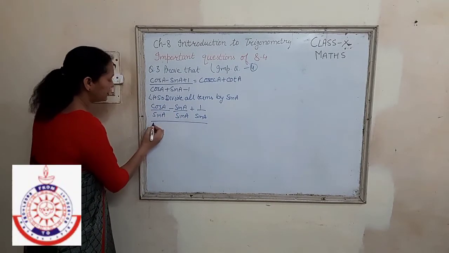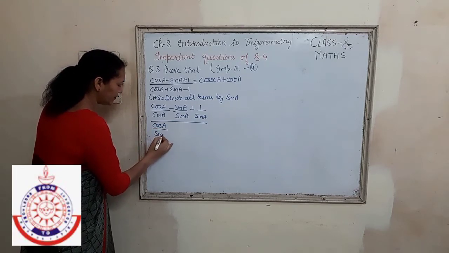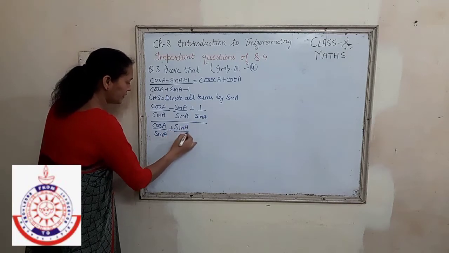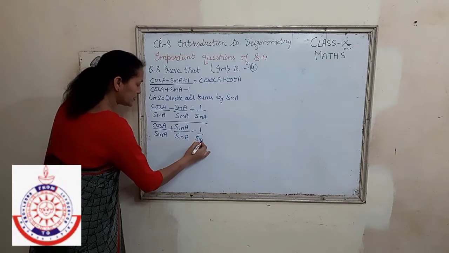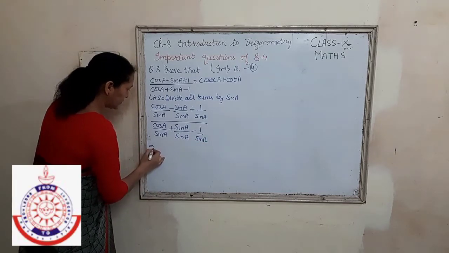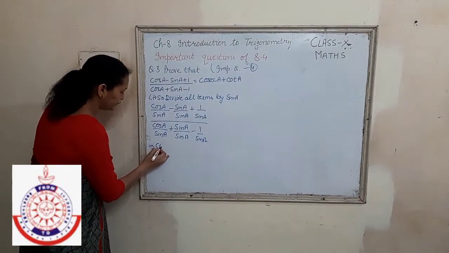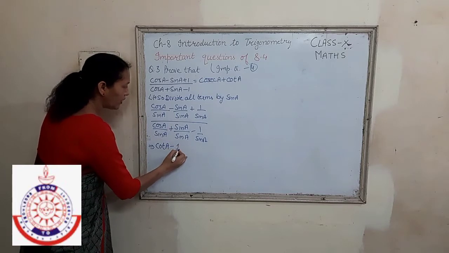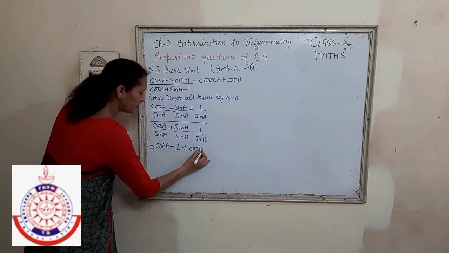And here also cos A upon sin A plus sin A upon sin A minus 1 upon sin A. Next, cos upon sin, yes, it is cot. Sin upon sin is 1, 1 upon sin is cosecant.